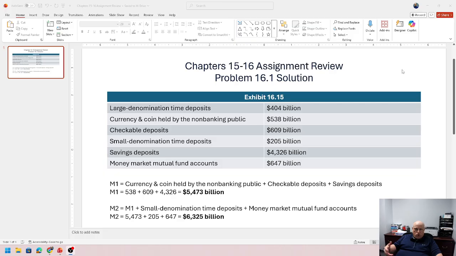The Federal Reserve recently changed it, and it's shown in the textbook correctly. So if you looked in the textbook to calculate the values, you would have gotten the correct answer, and some of you did. But many of you plugged it into AI, and it gave you incorrect answers because there's been a recent change in how the two definitions of money are calculated, okay?